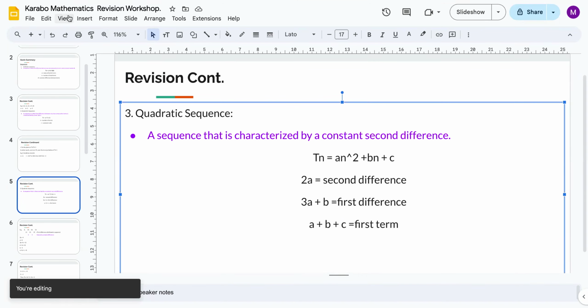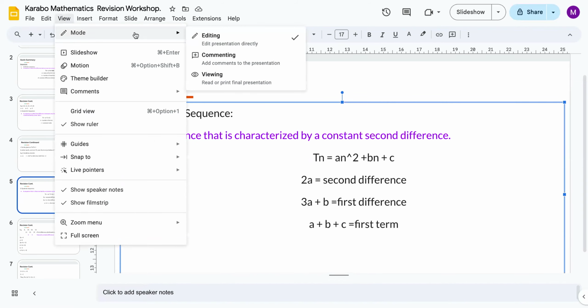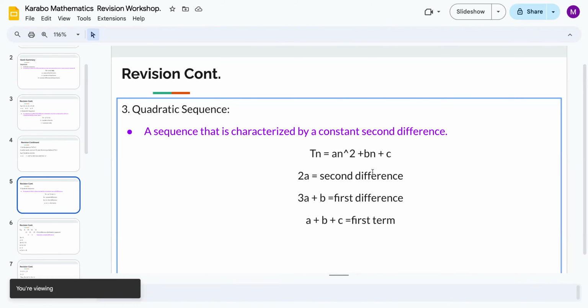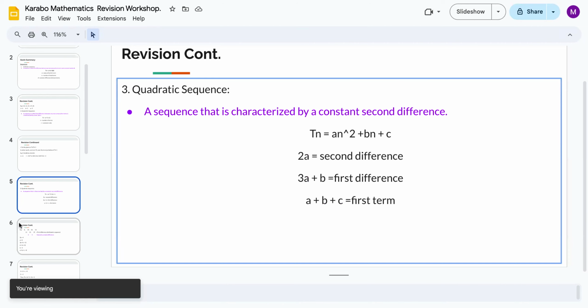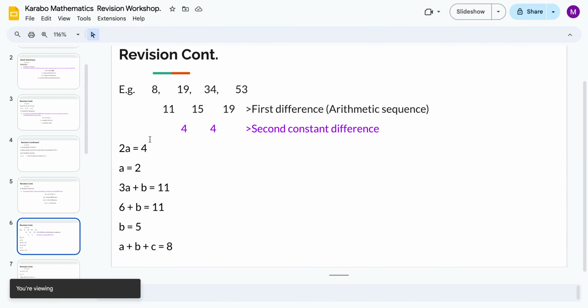No, sorry, these are correct, guys. My bad. So 2A is my second difference. The second constant difference is 4, and I get my A coefficient, which is then equal to 2. So that's my A value, 2.